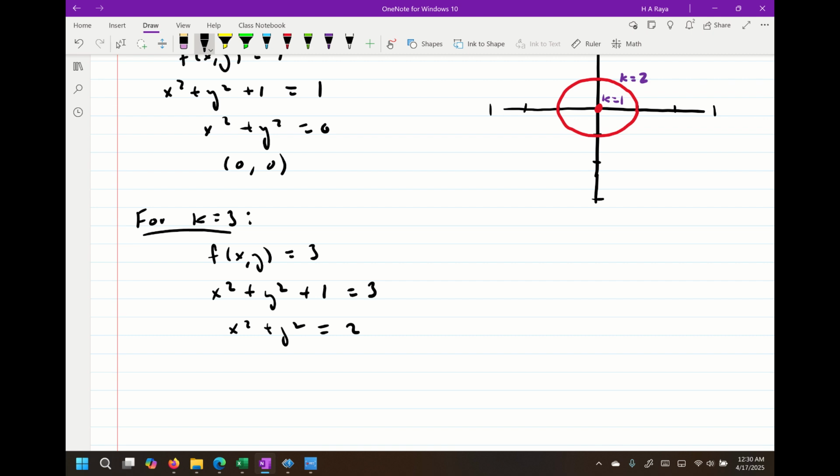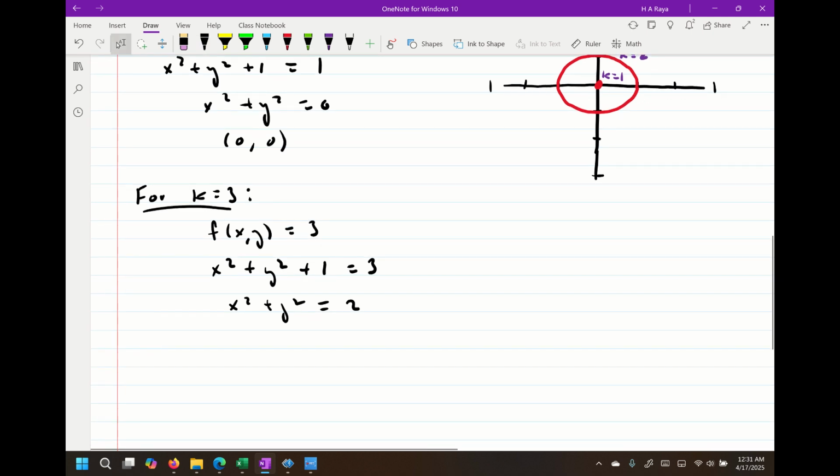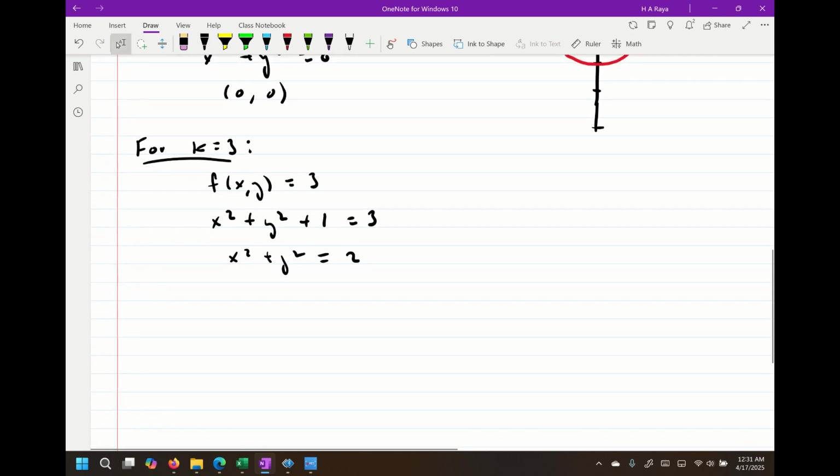Now, this is going to be a circle of radius, excuse me, radical 2. Sorry, I was typing things in while I was talking. So again, a circle of radius radical 2. If I compute radical 2 on my calculator, that's approximately 1.41.